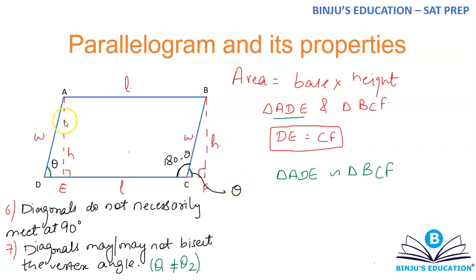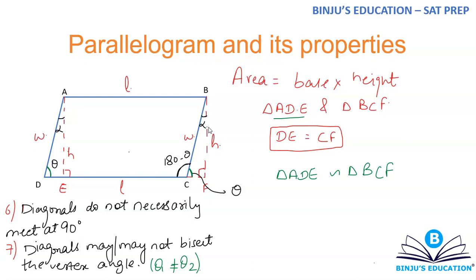Similarly these two angles are also equal. Let's call this alpha, let's call this alpha. I'm just telling you these things because you may have a question in which you need to know these things. If you know these things, you'll be able to solve the question really quickly. That's it, nothing else is the reason.